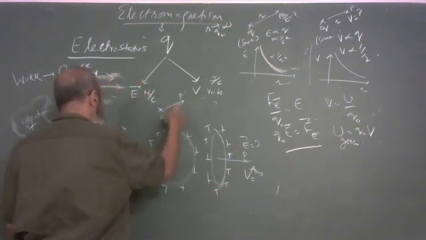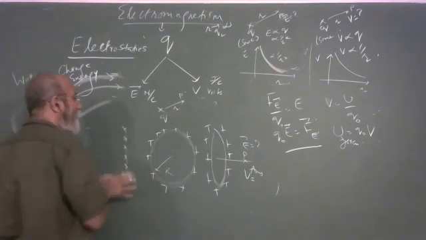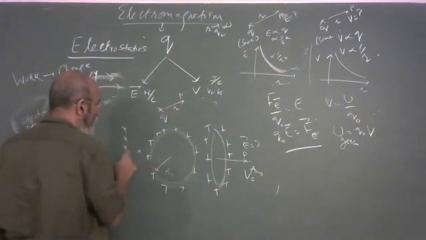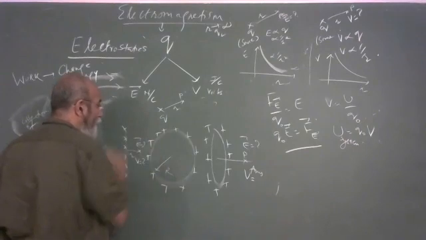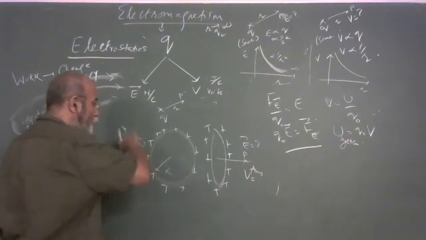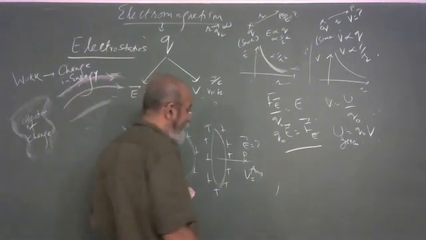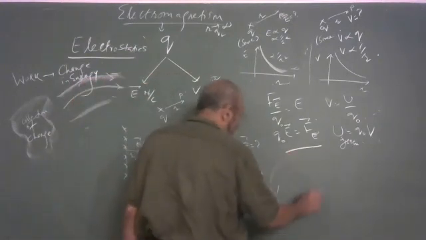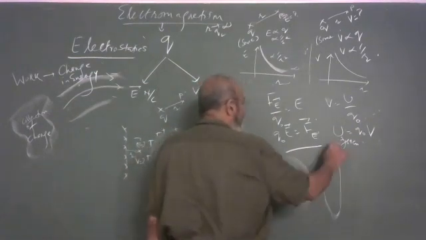Starting with a point charge, using calculus, at any distance r, what is the electric field here? What is the potential here? String, loop. Disk.